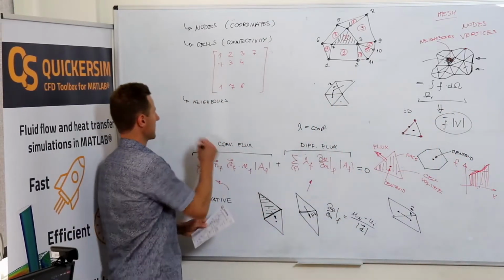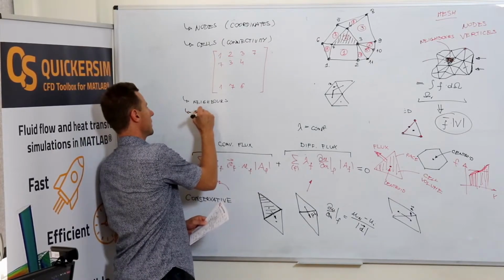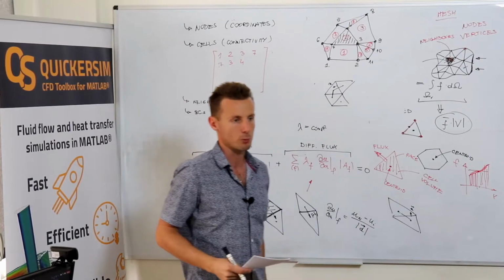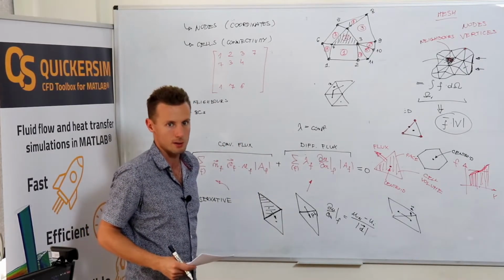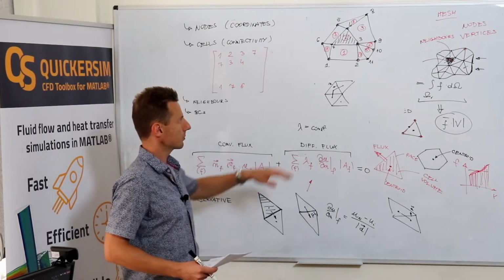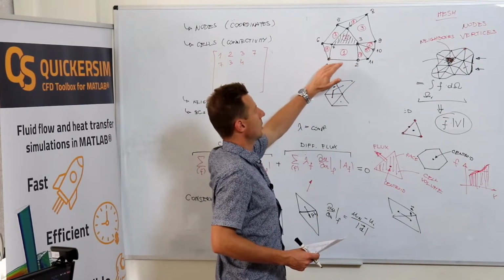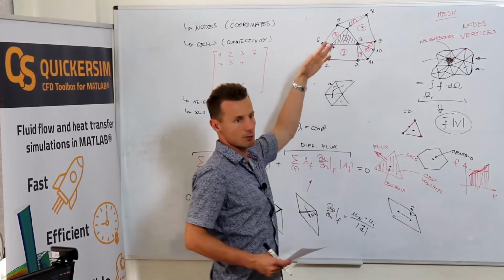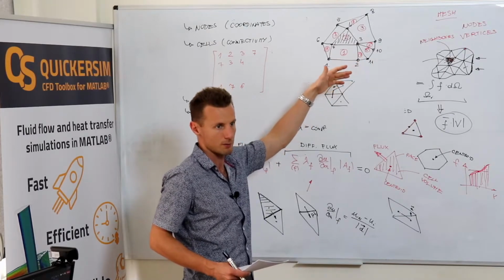Well, let me skip that. You would also need some array, or a couple of arrays, that will represent your boundary conditions. Probably the simplest approach is to have some groups saying at which faces you've got what kind of boundary condition.